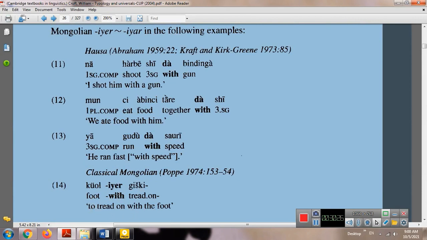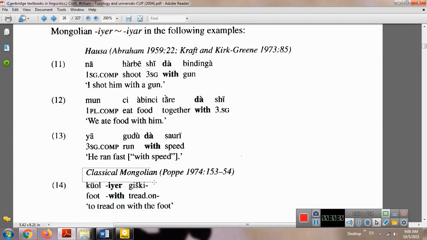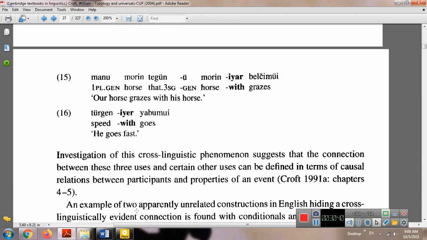And here in Classical Mongolian we have er, which stands for with: food with, treat with. And here again we have er, which stands for with. Our horse grazes with his horse.